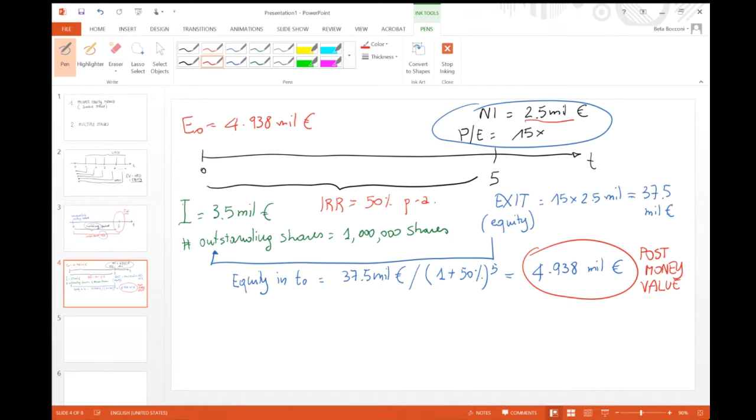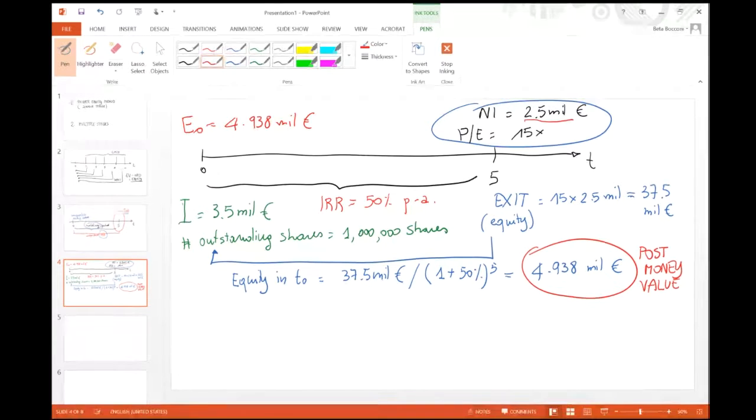Now, what we have to do is to take into account two elements. The company overall has a value today of 4.938, which is compatible with an internal rate of return of 50%, an exit time horizon of 5 years, and an exit at 15 times 2.5 million euros net income.